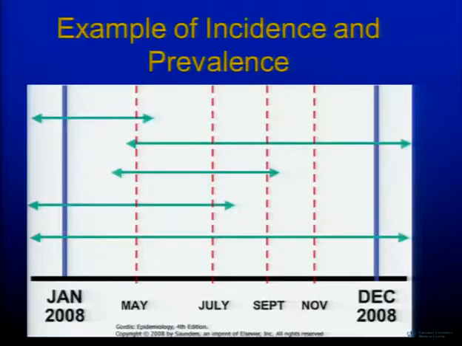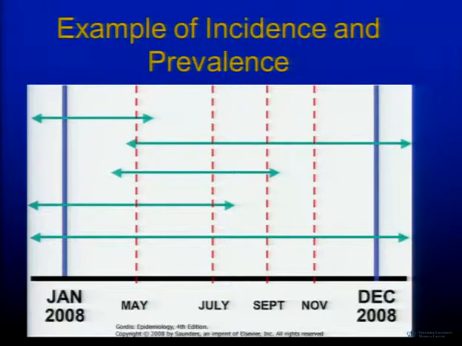Thinking again about those number lines that we talked about before, I want to use this graphic as an example of incidence and prevalence. Here we're going from January till December 2008. Each one of these lines represents a person with a disease.